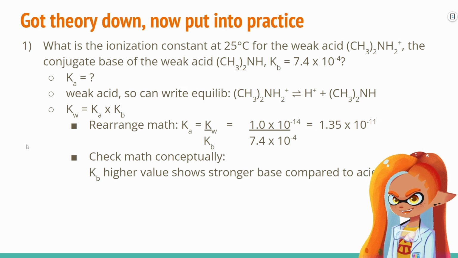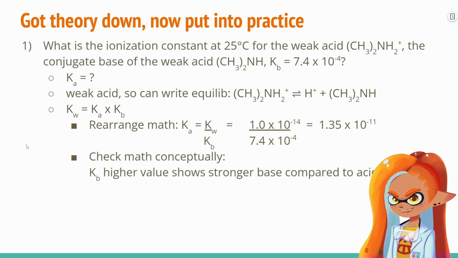Cool. And so conceptually, I could check this math. Like, I could do all these math problems, but sometimes you mess up on the math, and so you can think about how this relates conceptually. And so we see the Kb value is higher, and so the conjugate base is a stronger base compared to the weak acid.